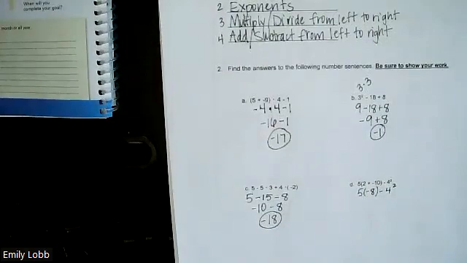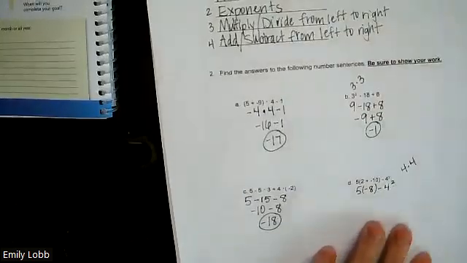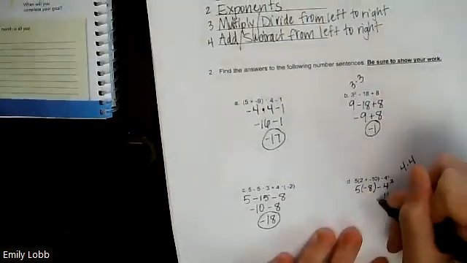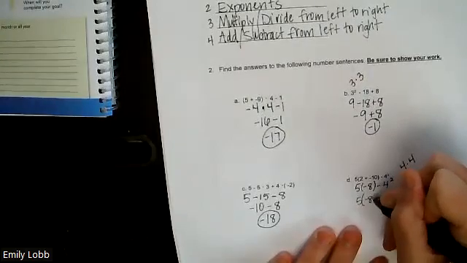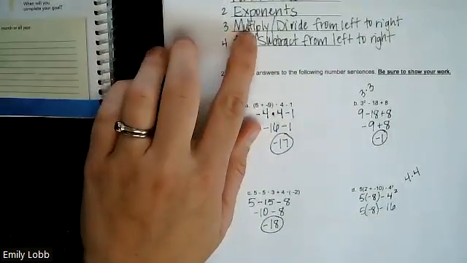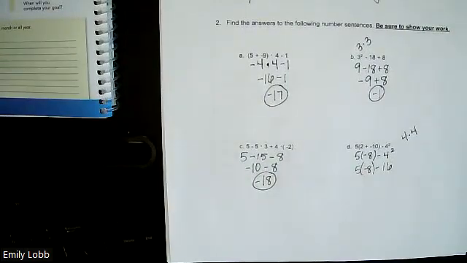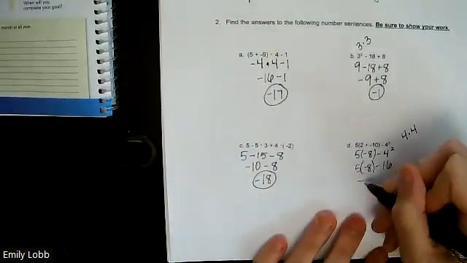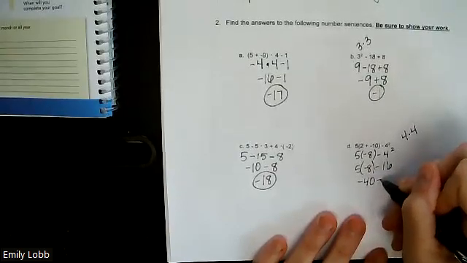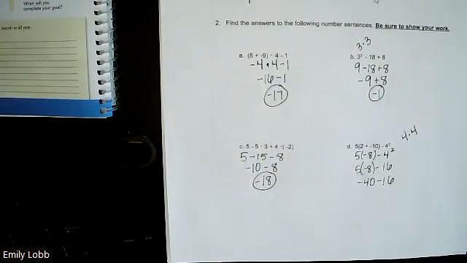Is this 4 times 2? No way. It's 2 factors of 4. What's 4 times 4? Good. Now I'm on step 3. We have to multiply and divide from left to right. What's 5 times negative 8? Negative 40 minus 16. So it's getting more negative, right? Negative 56.